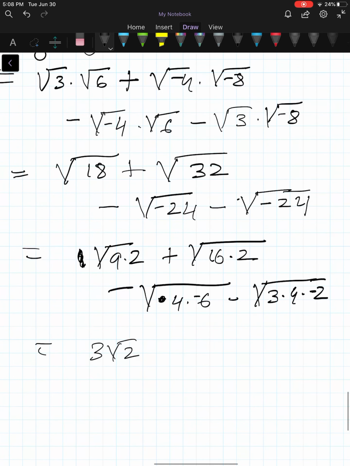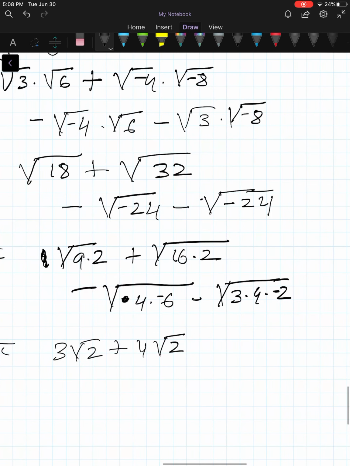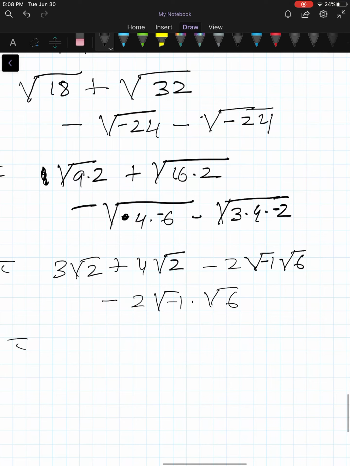So this would give us 3 square root of 2 plus 4 square root of 2 minus 2 square root of negative 1 times square root of 6 minus 2 square root of negative 1 times square root of 6.